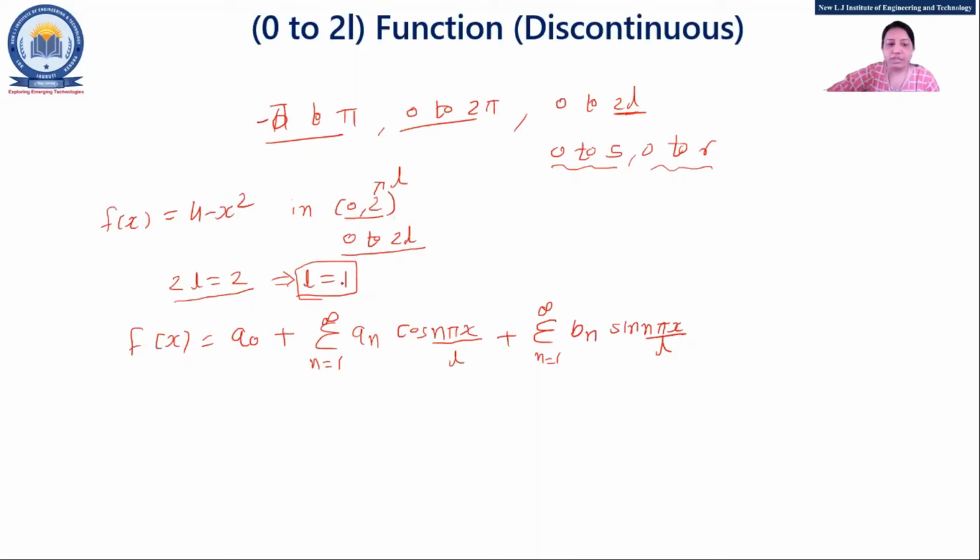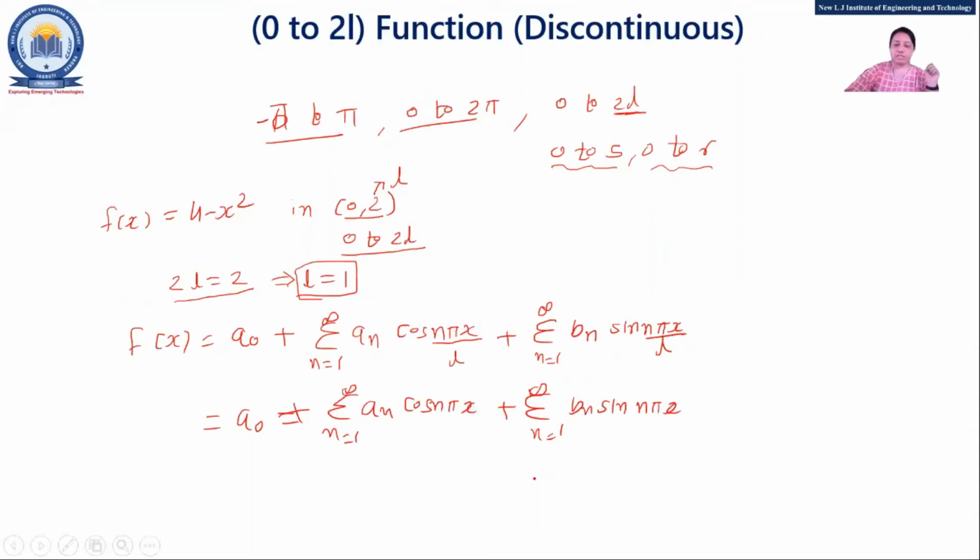Now L equal to 1, so directly put it into this equation first. a0 plus the sum from n equal to 1 to infinity of an cos n pi x plus the sum from n equal to 1 to infinity of bn sin n pi x, with L equal to 1.